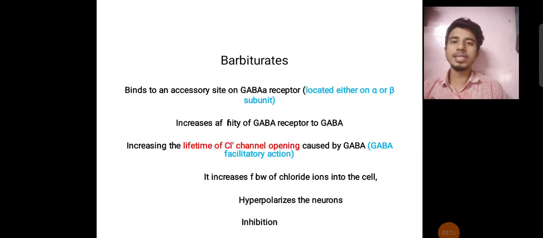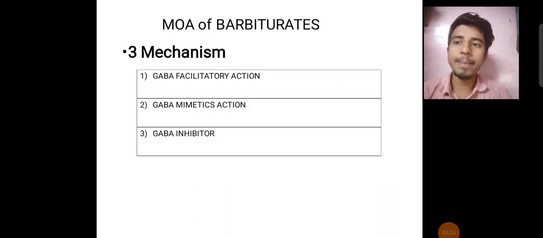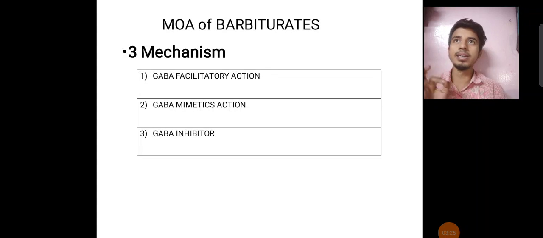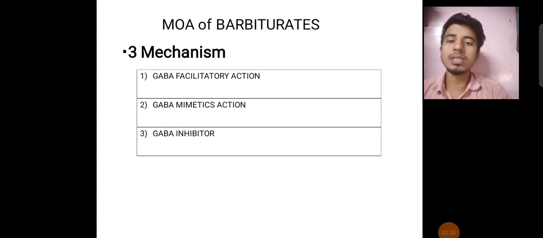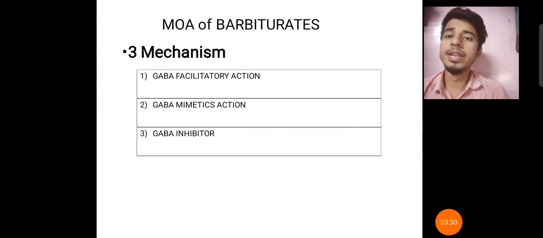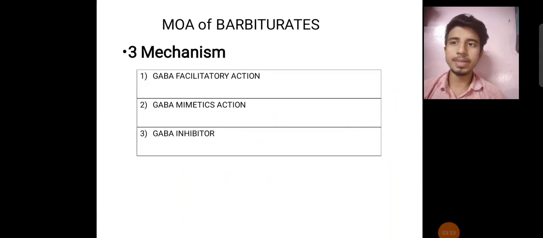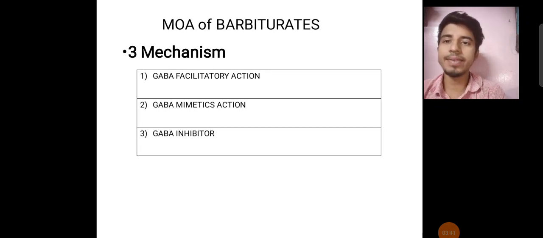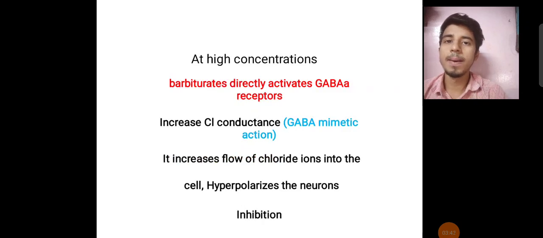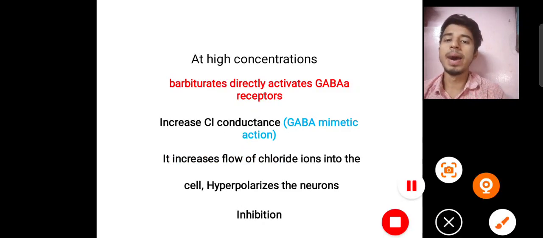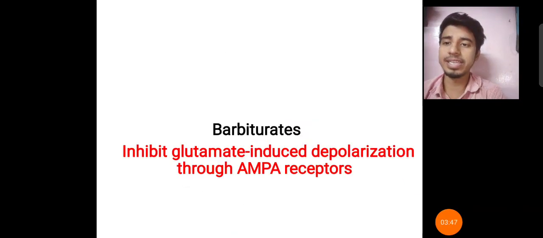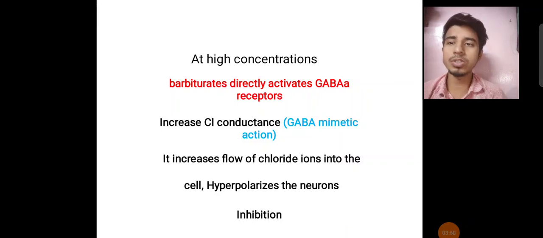So basically the GABA facilitatory action helps. It works on the GABA receptor and facilitates the chloride entry. The second one is GABA mimetic action, in which at high concentration barbiturate directly activates the GABA receptor.